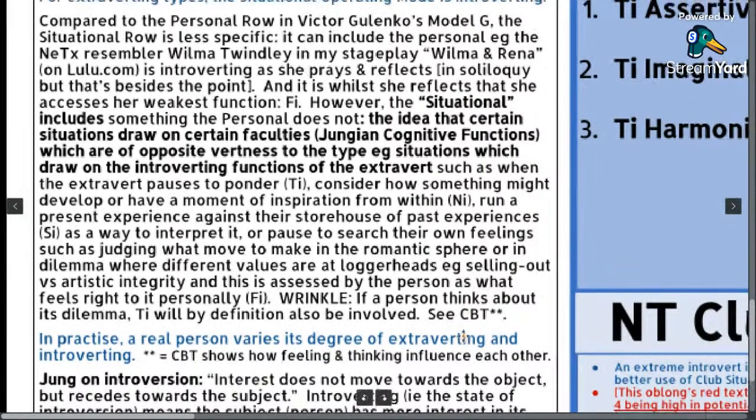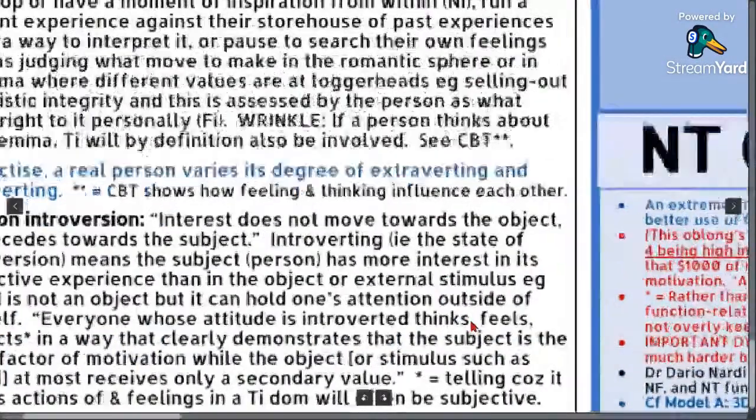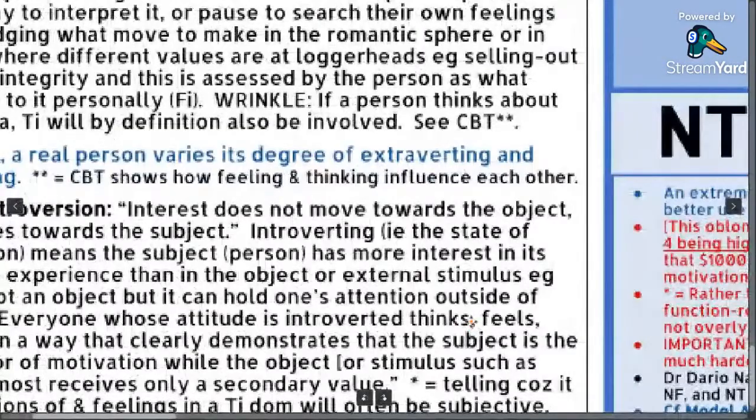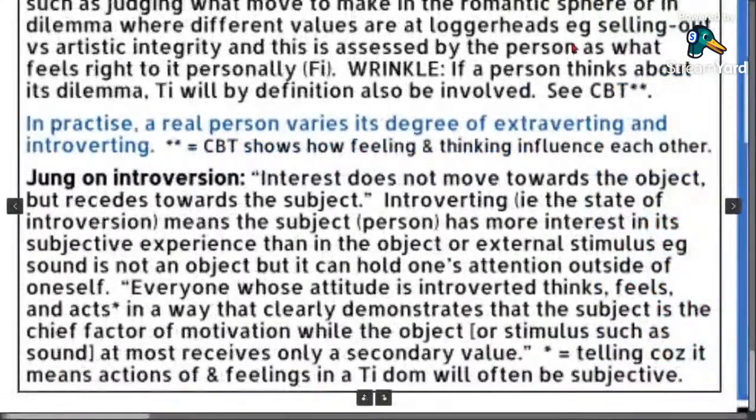Jung on introverting. I've added some clarification to this, because it is quite hard to understand without the bit that I've added. He then talks about being unable to restore the interest again, and he talks about libido. What I do is convert the word libido into interest.